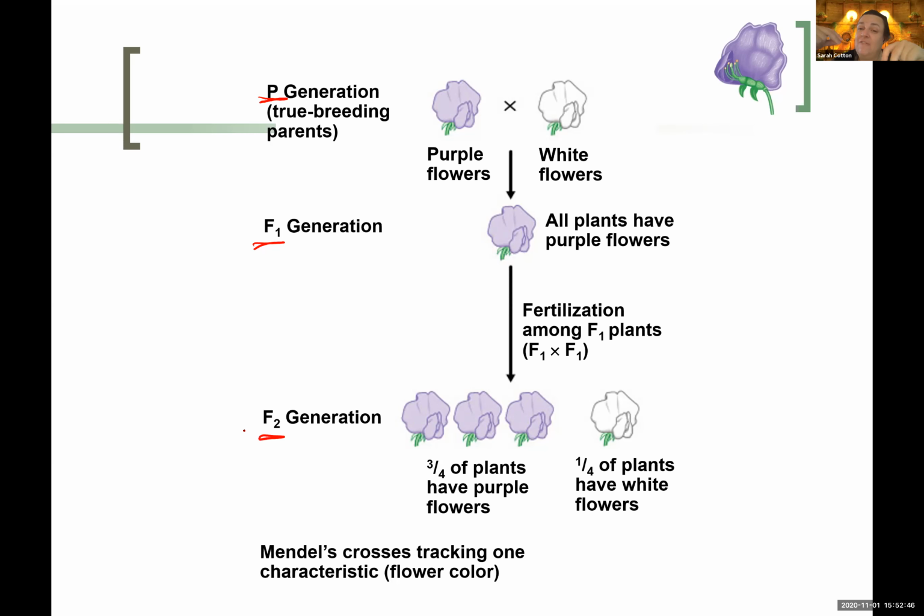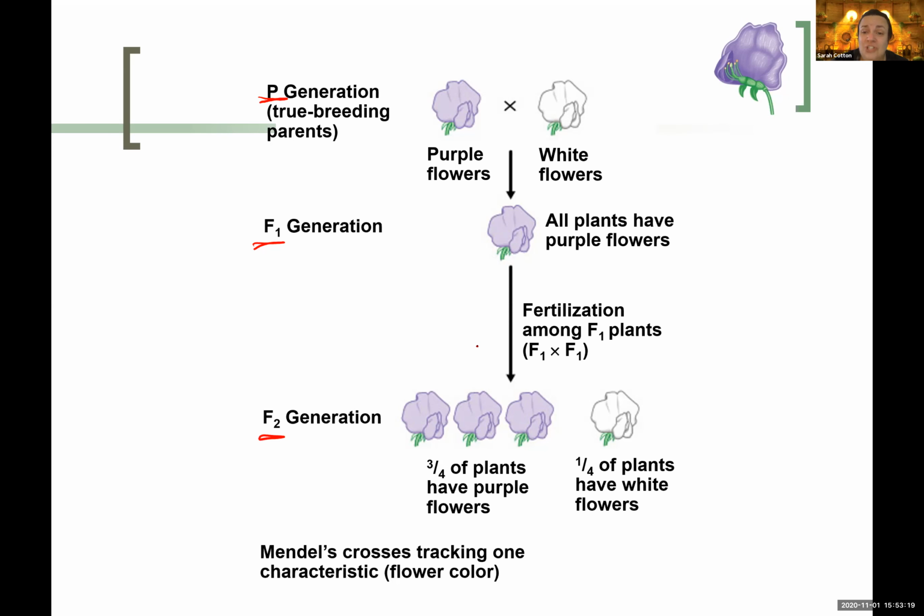The F2 generation basically is if we take that F1 generation, so we take the offspring and then we cross them with each other, right? Then you end up with the next generation of plants. So try not to think about this too much because it gets sort of icky. Because if these are the parents up here and then these are the brothers and sisters down here, and then they have babies together and that makes the grandchildren, ew, they're plants, y'all, it's okay. Right? So F2 is like the second generation of offspring, the grandbabies, okay?